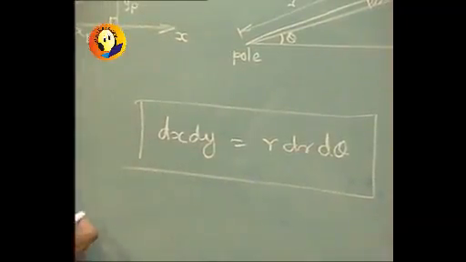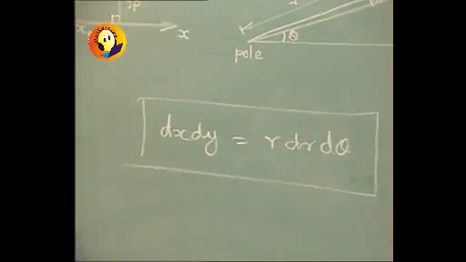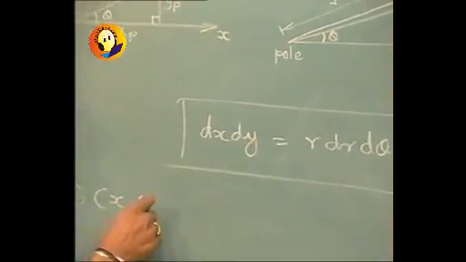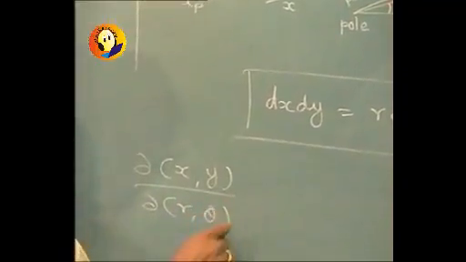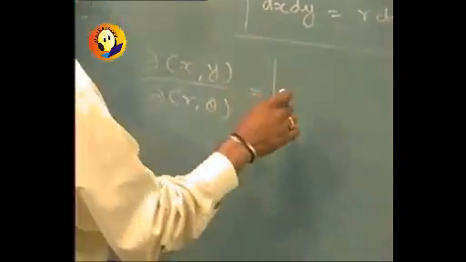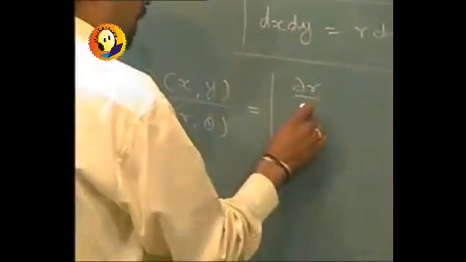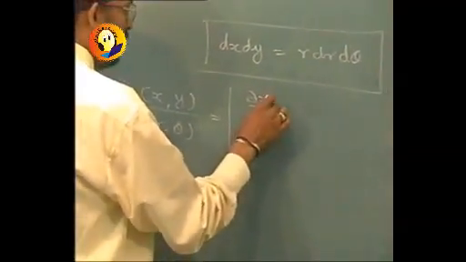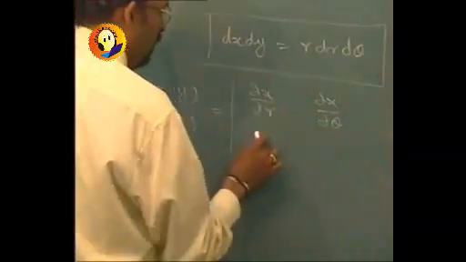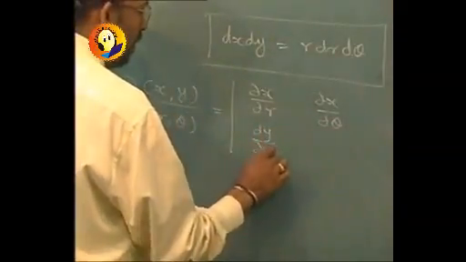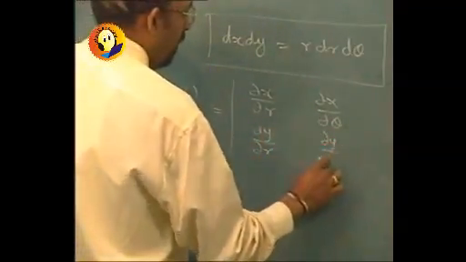If you want, this can be easily proved, because it can be written as del x y upon del r theta, which is nothing but a determinant: del x by del r, del x by del theta, del y by del r, and del y by del theta.